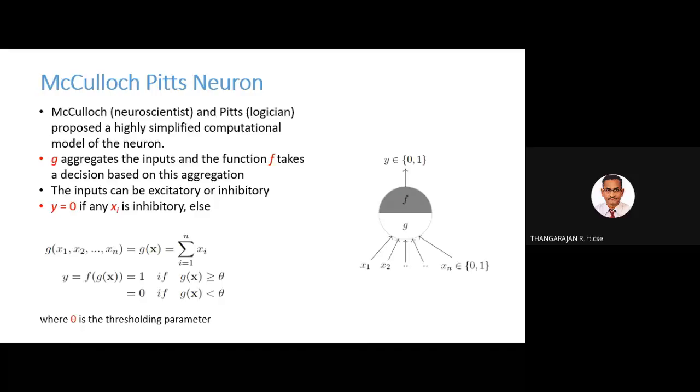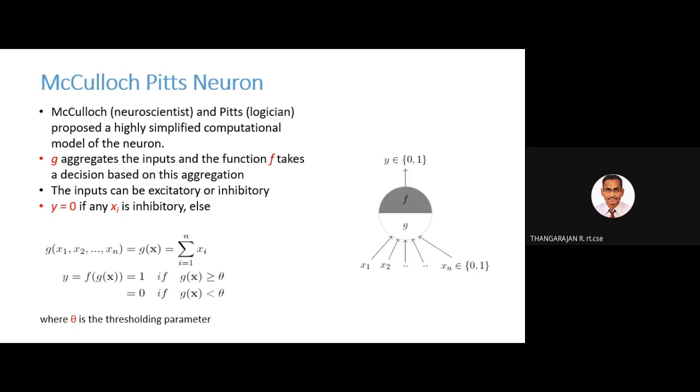So f acts on g of x and is 1 if g of x happens to be greater than some threshold, theta. Theta is a threshold, and as far as the McCulloch-Pitts neuron is concerned, theta is set by us. And it is 0 if g of x happens to be less than theta.